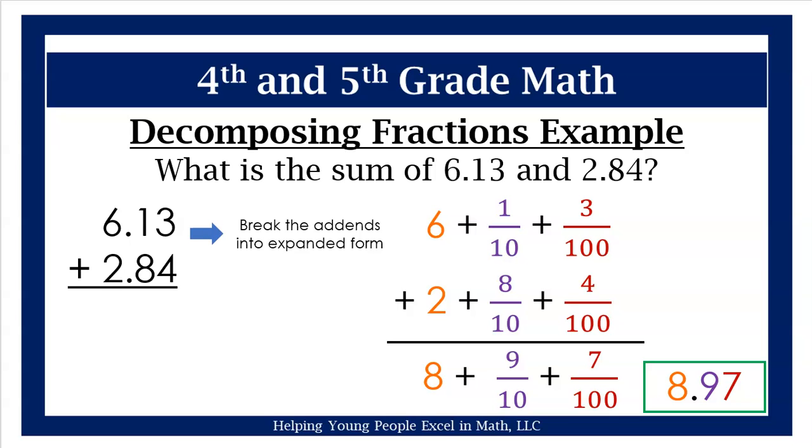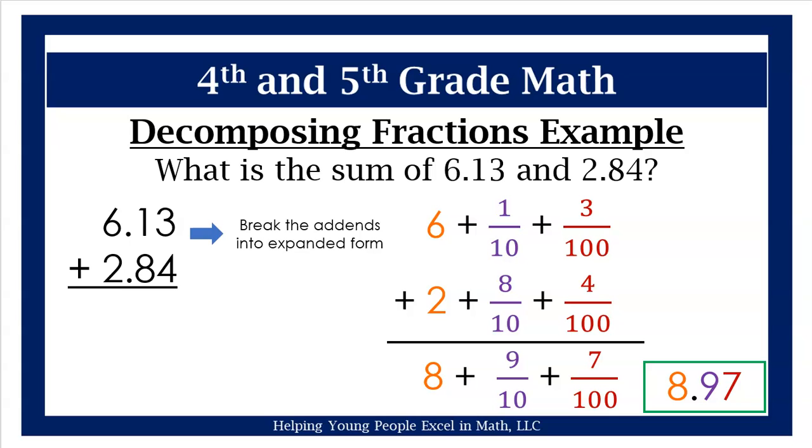What we're going to first do is convert our decimal places into fractions. So starting with 6.13, we'll have 6 plus, since the 1 is in the tenths place, the fraction will be 1/10. And since the 3 is in the hundredths place, it will be 3/100.